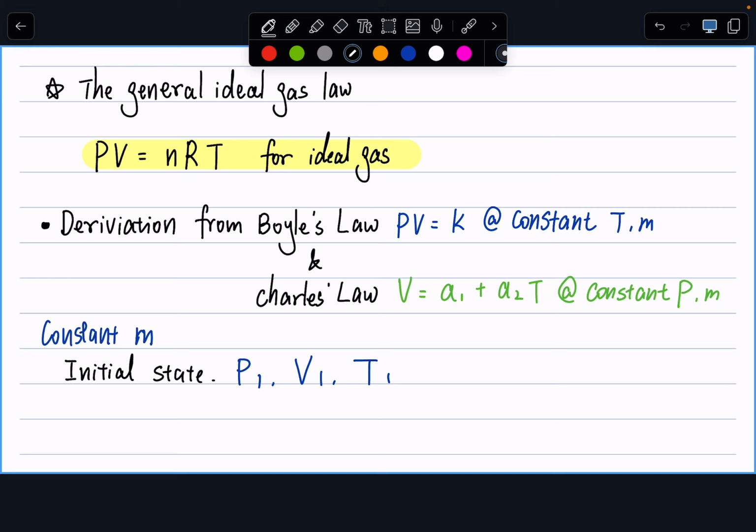Because it is a linear relation, the slope on this linear relation will be a constant value. Or the other way to put it is V2 over T2 equals VA over T1. So this is the set we're looking at.